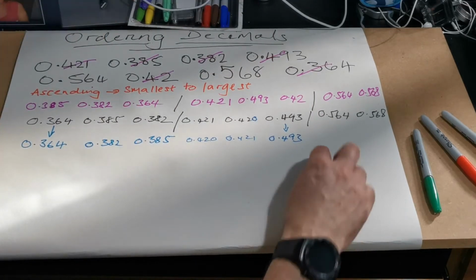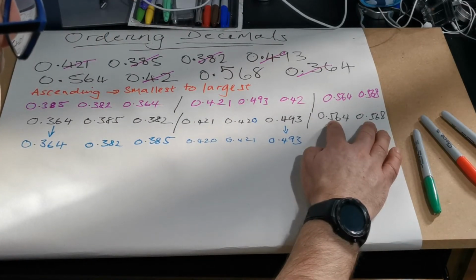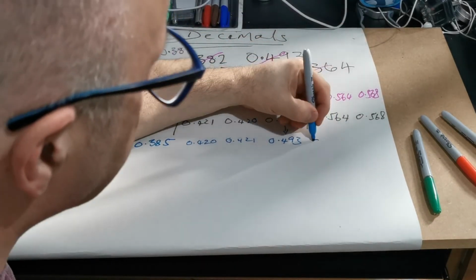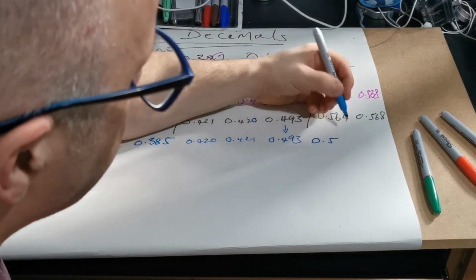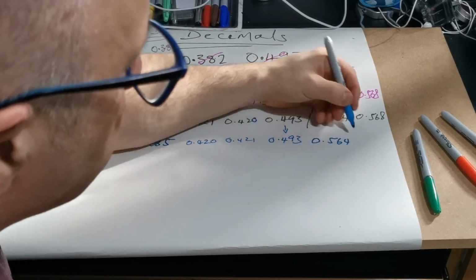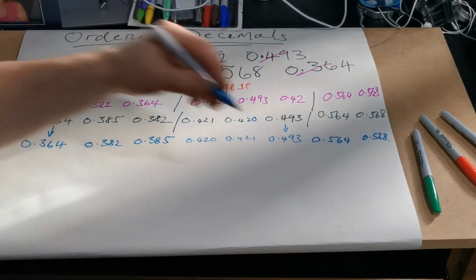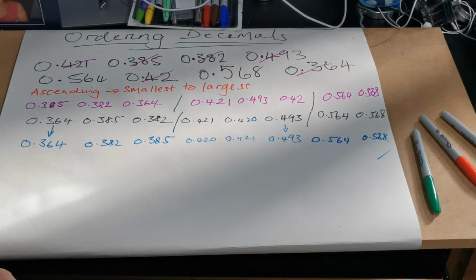For the next ones, they were both 0.56s. If I have a look at the next digit along, I've got a 4 and an 8, so actually they're in the right position. 0.564, 0.568. And that is the right answer.